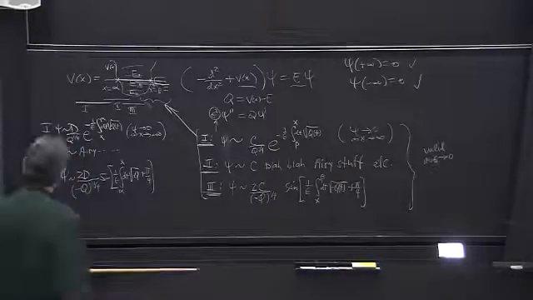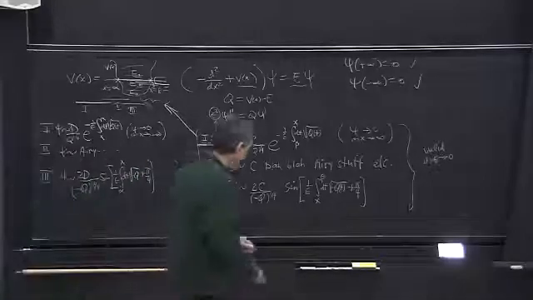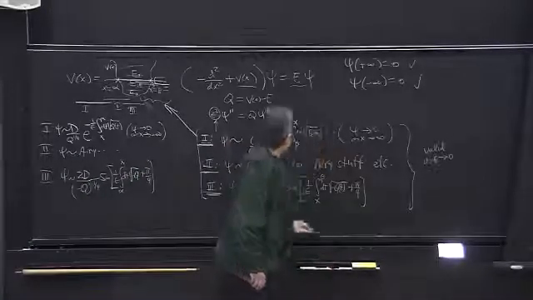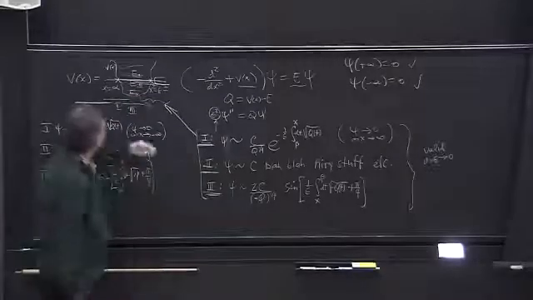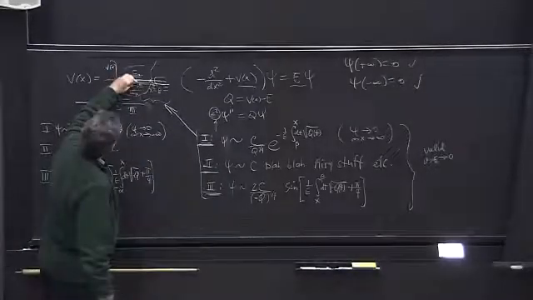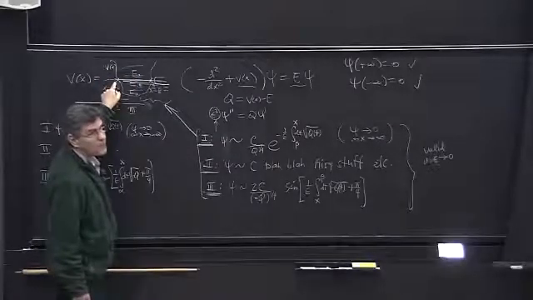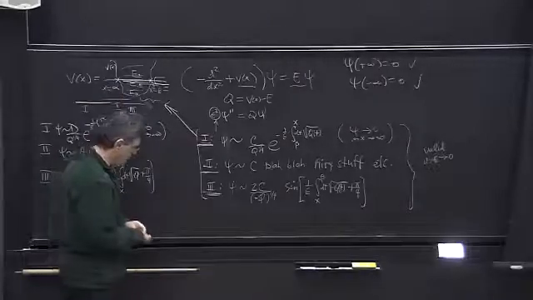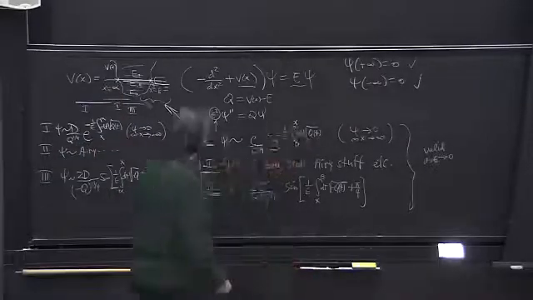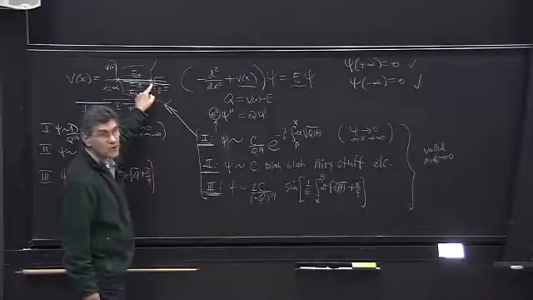Okay. However, here's the point. The point is that in turning point problem number 1, that's valid all the way down to, but not right down to, not exactly down to this turning point. And the blue solution should be valid all the way up to, but not reaching that turning point.